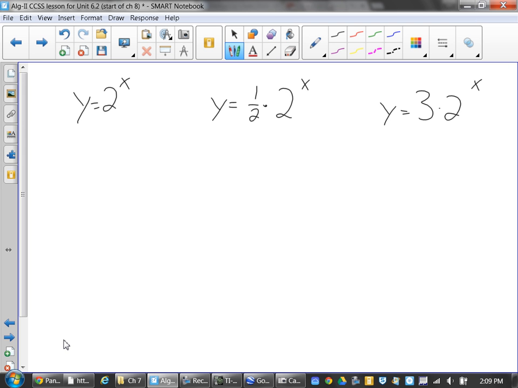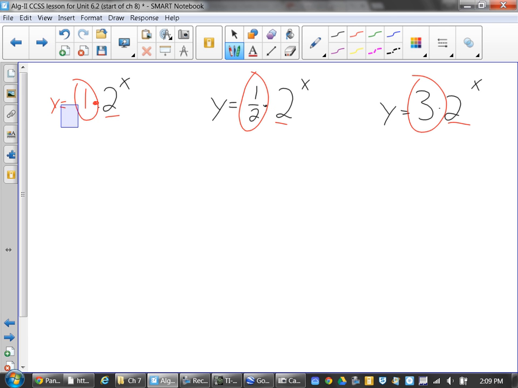Notice your y-intercepts were at 1/2, 3, and 1, because I can rewrite that as 1 times 2 to the x. So what's happening here is that there's this multiplier in front of these exponentiated values that allows you to figure out your y-intercepts.